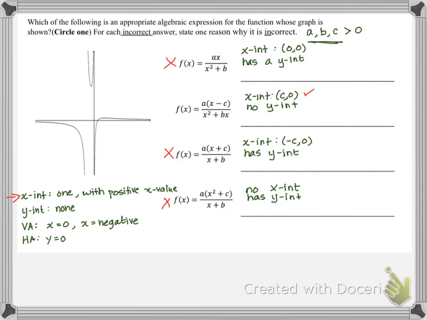Okay, I want you guys to write down a reason that all 3 of those are wrong based on the vertical asymptote, which you can do by finding the vertical asymptote of all of them.